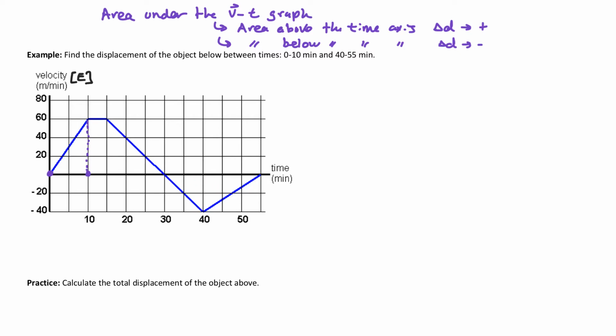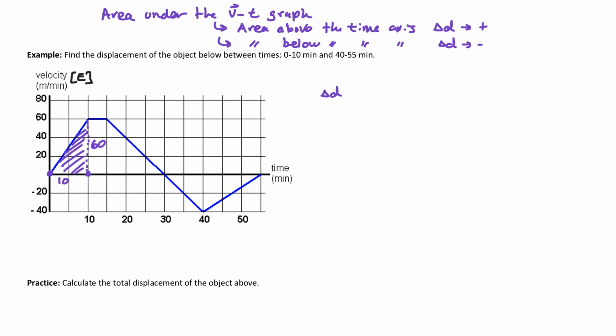So for the first one, we need the area here. The shape that we have is a triangle. It's got a value of 60 here, so it's starting from here to here, it's 60. And the value from here to here is 10.